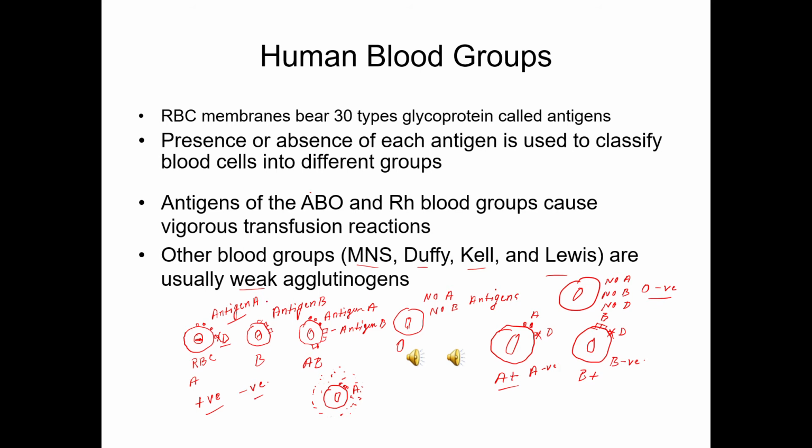It is very important to know that if any antigen is present on the surface of the red blood cell, the same type of antibody must be absent. This is a rule.